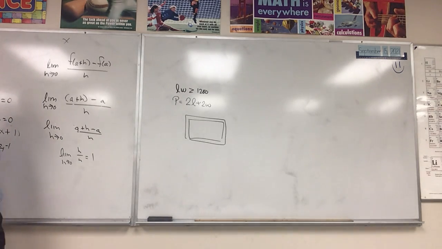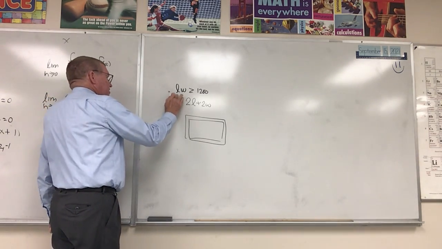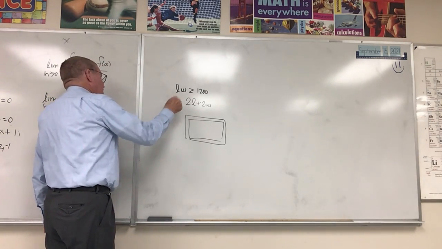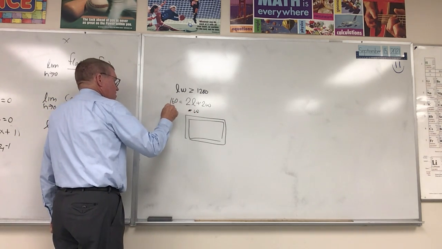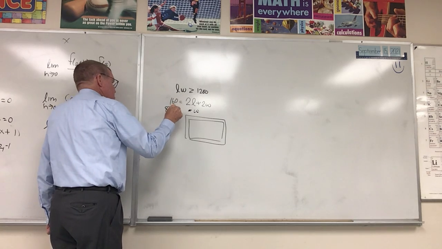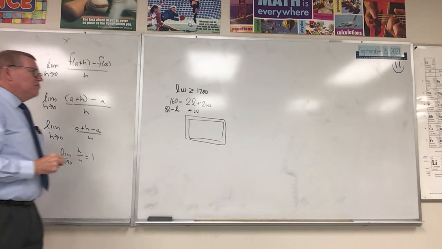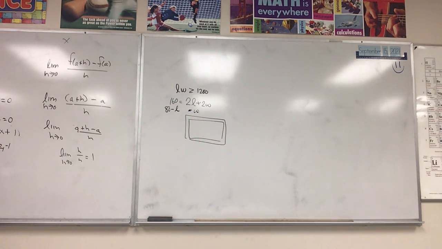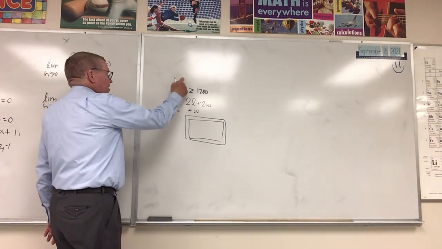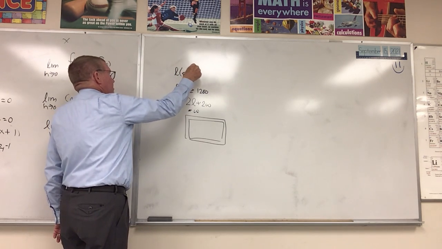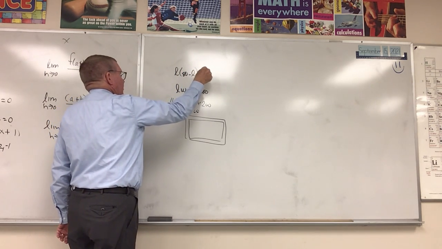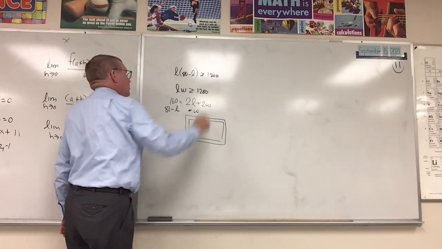Okay? So here, the perimeter has to be 160. So if I solve for my W, my W is 80 minus L. Plug that back into here, that's L times 80 minus L is greater than or equal to 1,200.